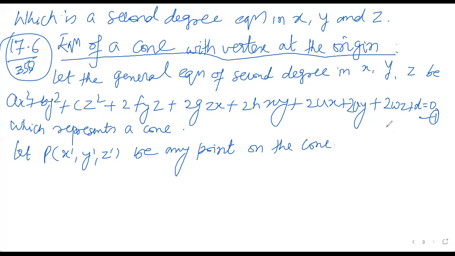कोन पे कोई पॉइंट है और वर्टेक्स ओरिजिन, so that point will be passing through this origin, है ना. I can take P passing through origin.